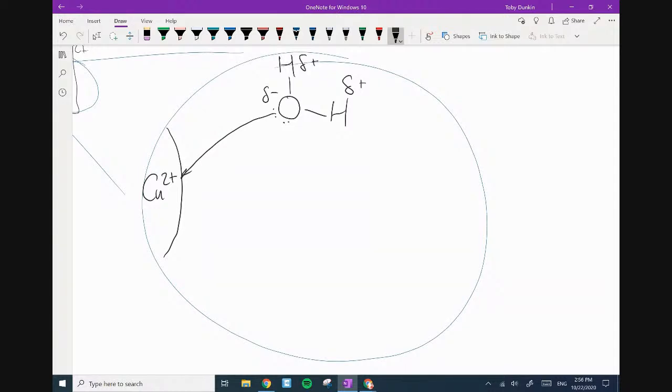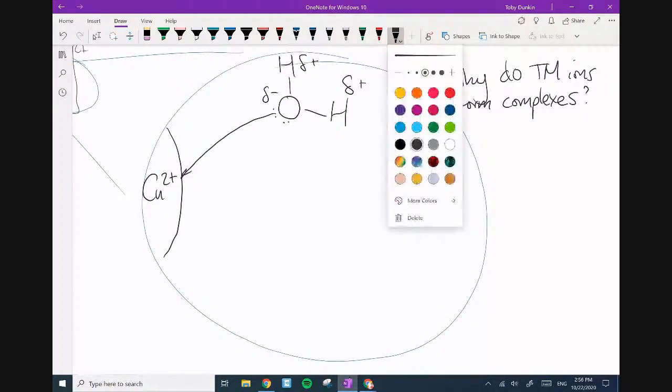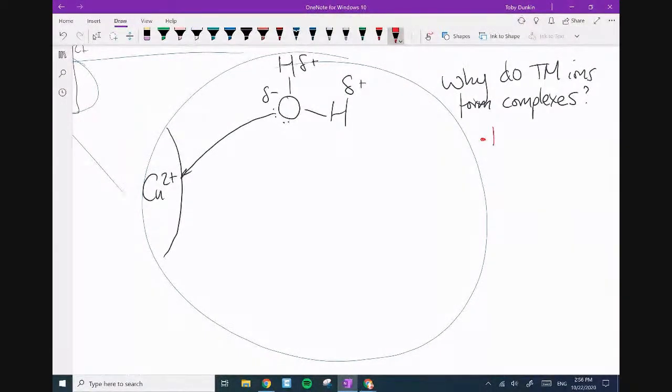Why can it do this? Why do TM ions form complexes? Answer, we'll do in red: high charge density.